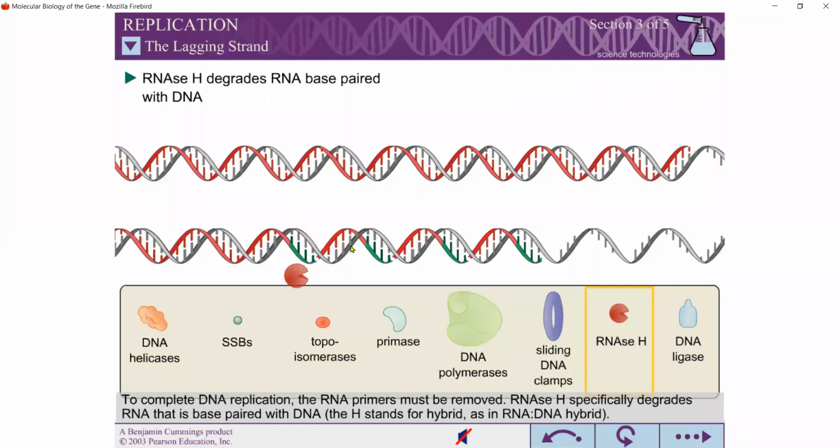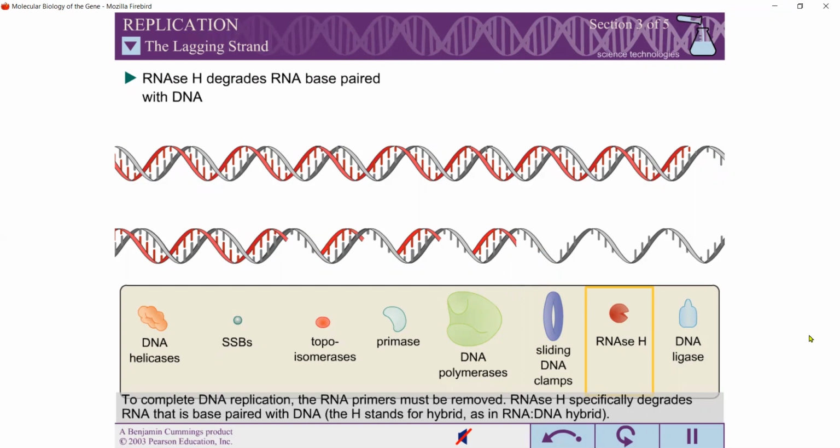In the lagging strand, we will now have gaps between the Okazaki fragments because the RNase has digested the RNA primers. So as you see, the RNase is digesting the RNA primers, and now there are gaps in between these Okazaki fragments. These gaps need to be filled.